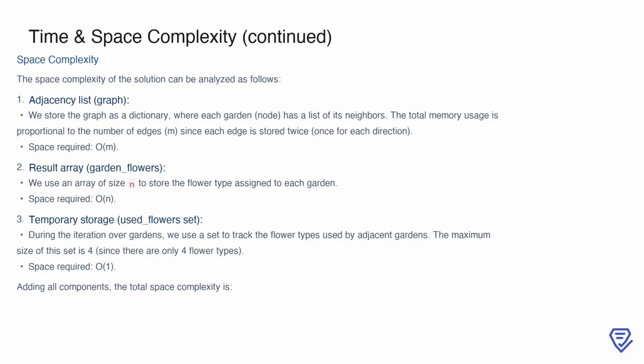Additionally, during the iteration over gardens, we use a temporary set, used_flowers, to track the flower types assigned to adjacent gardens. Since there are only 4 possible flower types, the size of this set is constant, contributing O(1) space. When we add these components together, the total space complexity is O(m) for the adjacency list, O(n) for the result array, and O(1) for temporary storage, leading to O(n + m) overall.